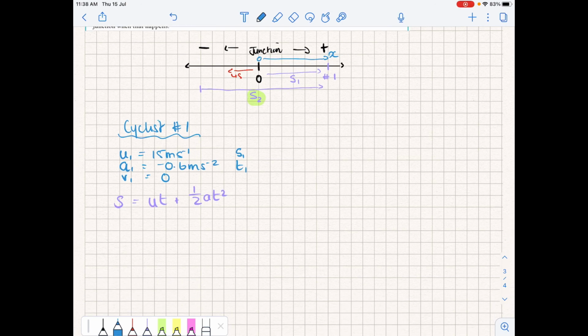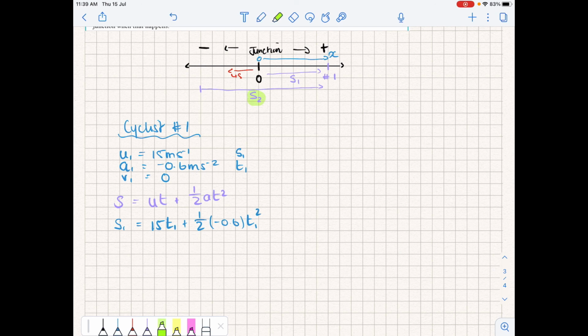Displacement for our cyclist is S1. Initial velocity is 15 meters per second, with respect to time 1, whatever time 1 happens to be, plus a half acceleration of minus 0.6, and we're going to have time squared, but this is time 1 squared.